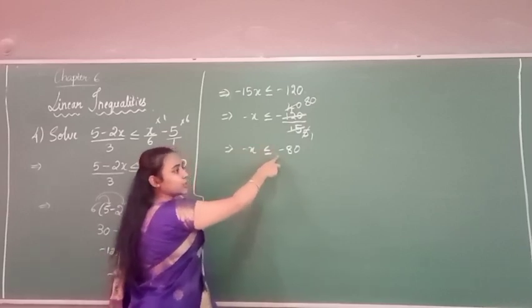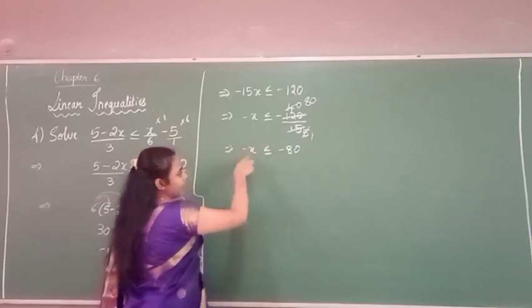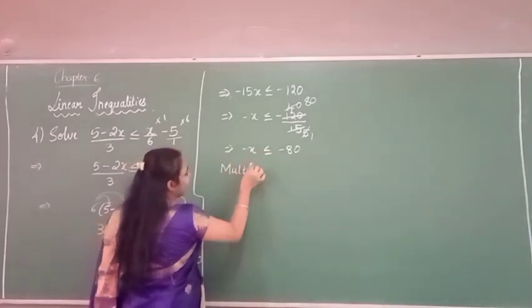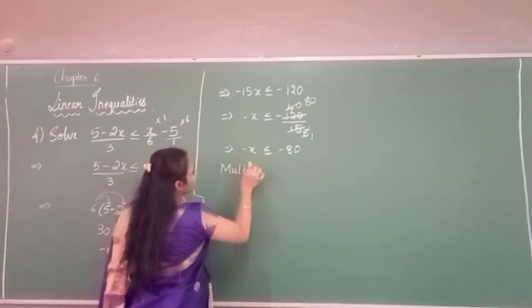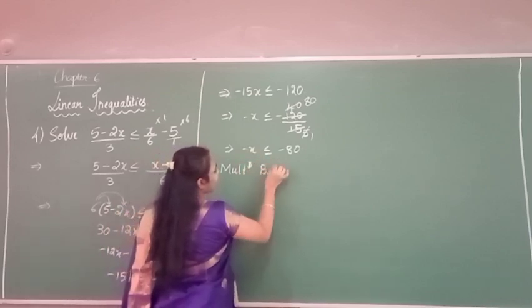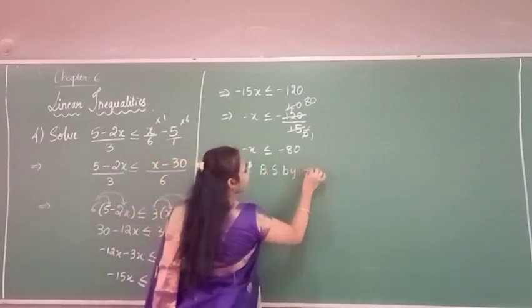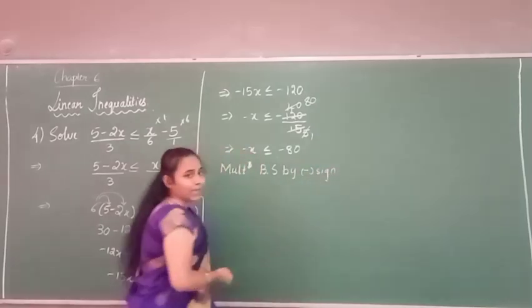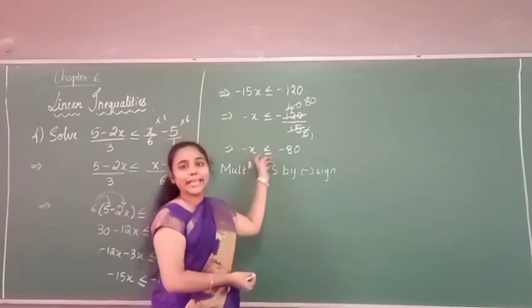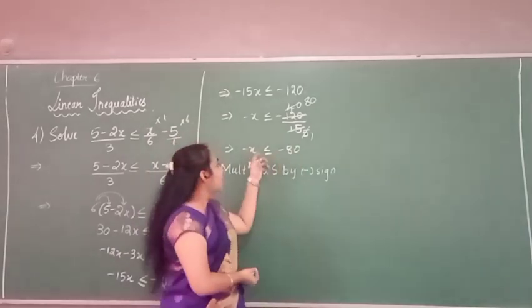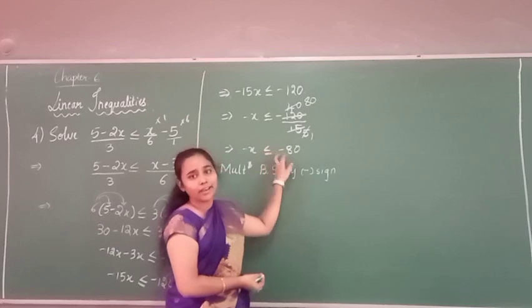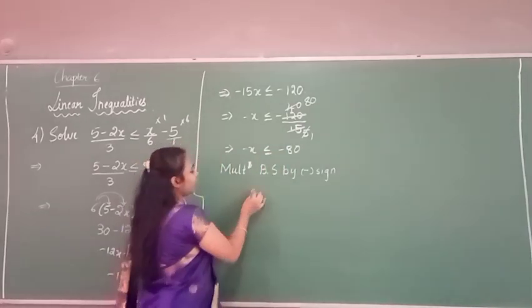So as I said, using rule 3, whenever a negative sign is there, if you want to remove the negative sign, only to get the x variable answer, we multiply both sides by a negative sign. So when I multiply both sides by a negative sign, what will happen to the inequality sign here? The inequality sign will get reversed.